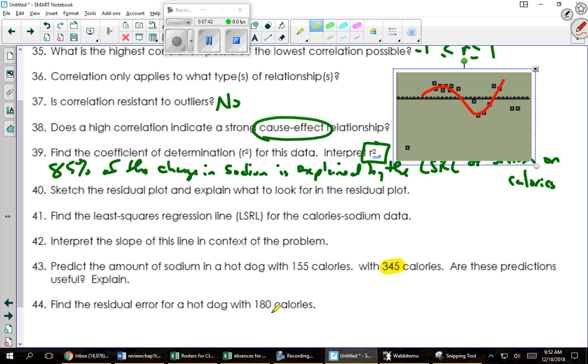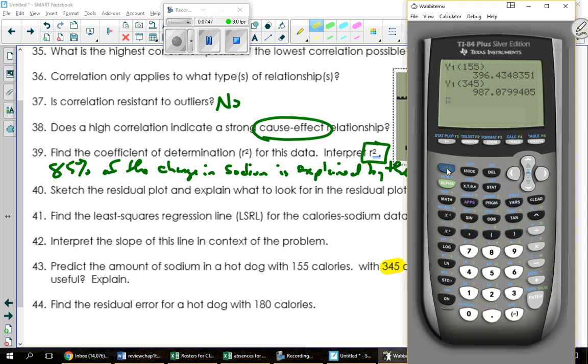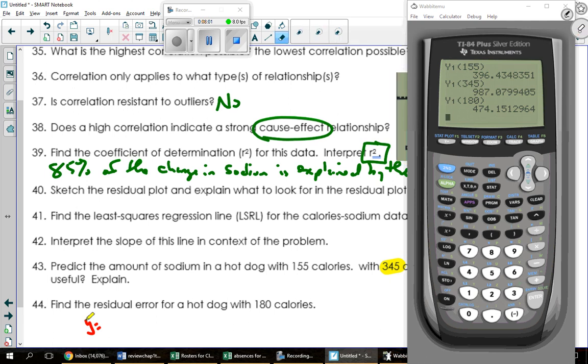Find the residual error for a hot dog with 180 calories. So I plug in 180. Same idea. This is what I predict: 474.15. That's my prediction, and my residual error is the, sorry, that's not right, the residual is actual minus predicted, or sometimes called y minus y hat, which is something minus 474.15.